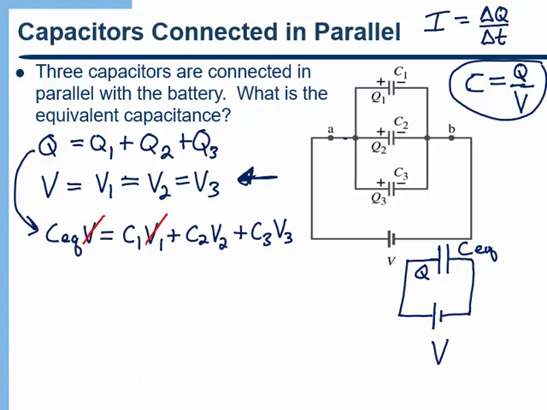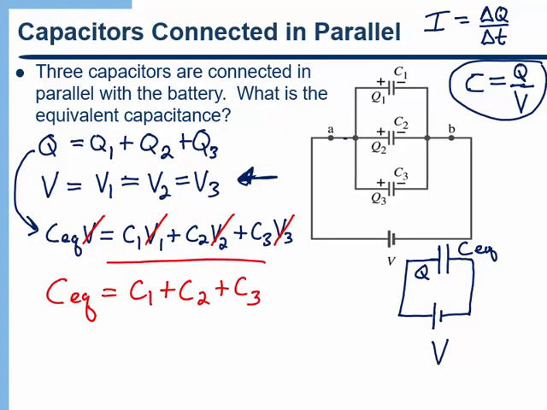And so I get rid of those, and what I end up with is that the equivalent capacitance is equal to the sum of those three individual capacitors. And obviously you can generalize this to any number of capacitors in parallel. Okay, so if I've got three capacitors in parallel and I want to replace them with one, I now know how to do it.